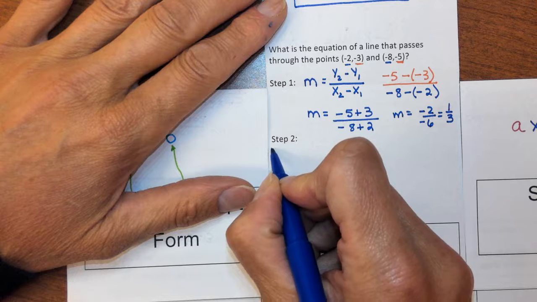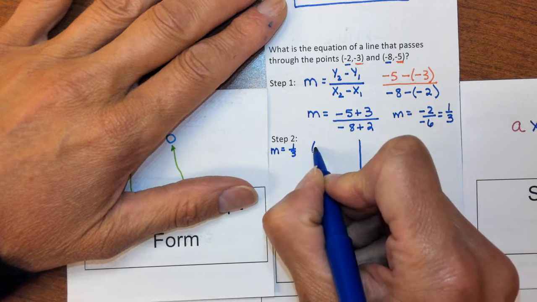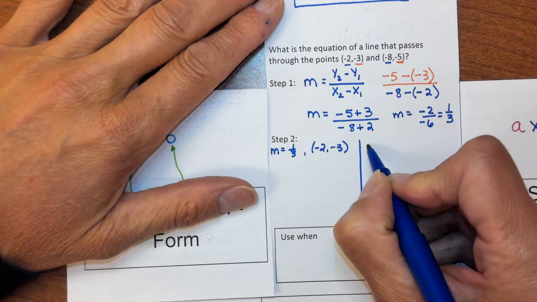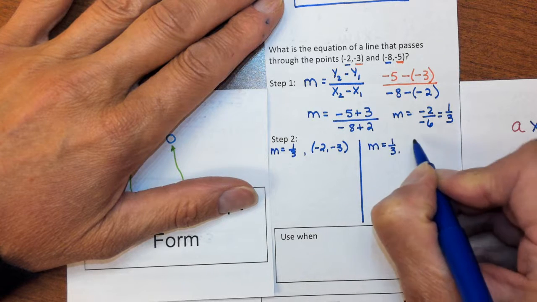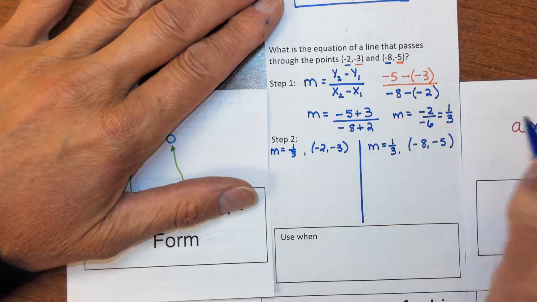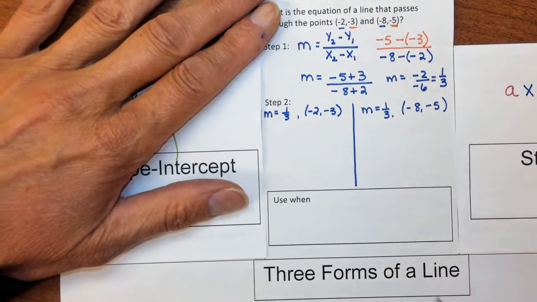So here I'm going to have my slope is 1/3, and I'm going to pick the point -2, -3. In the other column, I'll have my slope as 1/3, but I'll pick the point -8, -5. They'll actually be the same line, and I'll have you show me that later.